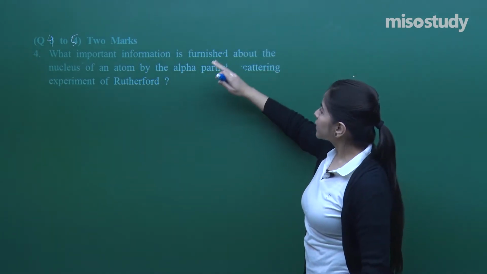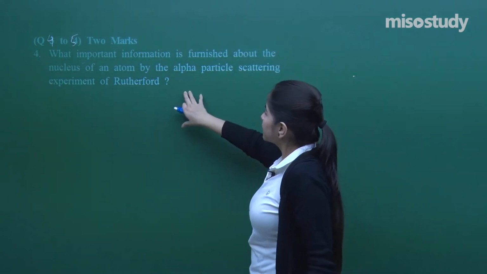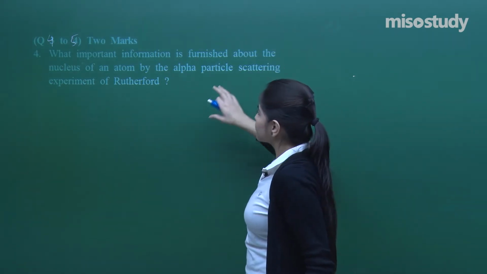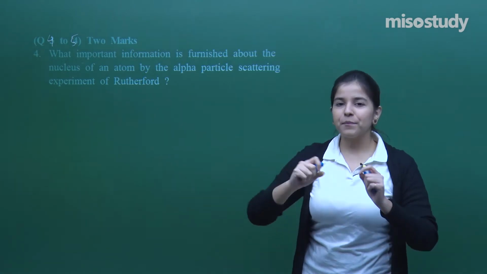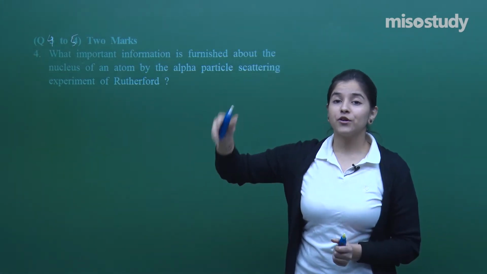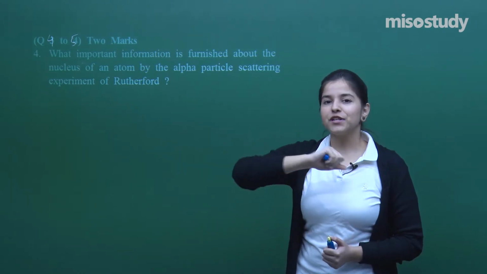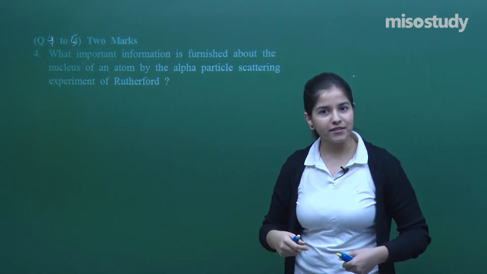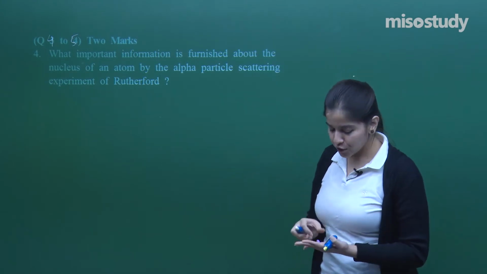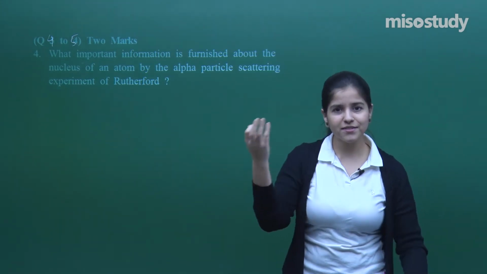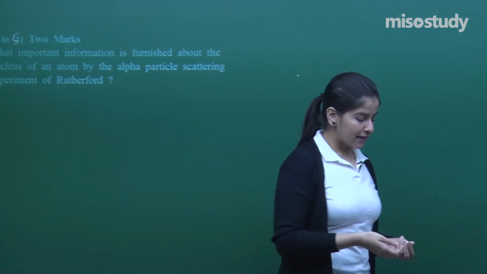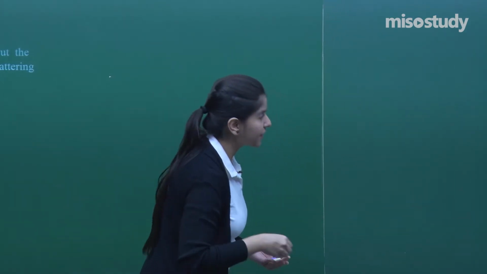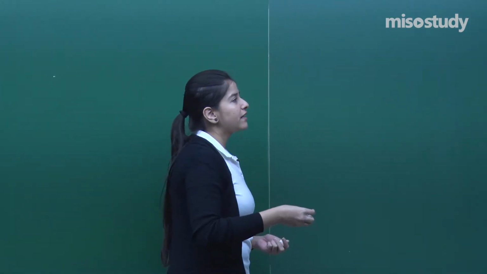What important information is furnished about the nucleus of an atom by the alpha particle scattering experiment of Rutherford? It's the gold foil experiment. Alpha particles were bombarded onto the gold foil. Can you shift the camera slightly, because I need to show the experiment.